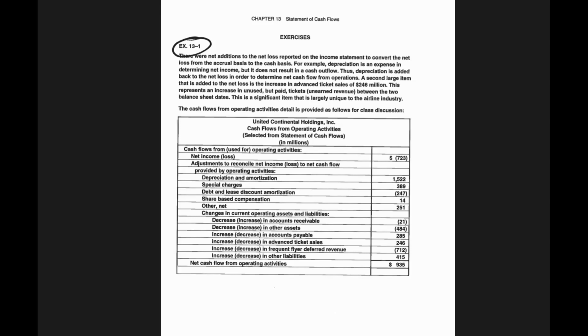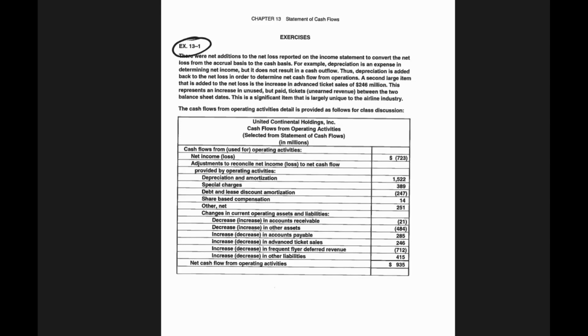Also in your notes, in the operating section, it's always in this order: net income plus depreciation plus amortization plus, if there happens to be a loss of any type, or minus a gain of any type. And then the rest of the section is all the changes in our current assets and current liabilities.